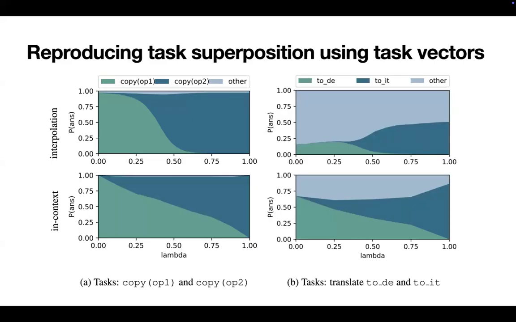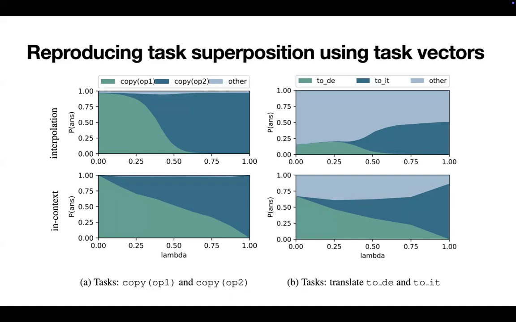The upper row corresponds to the output probabilities if we patch in the test vectors of the convex combination, with the x-axis being lambda, the mixture ratio.